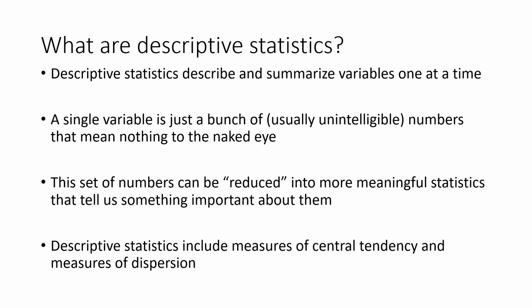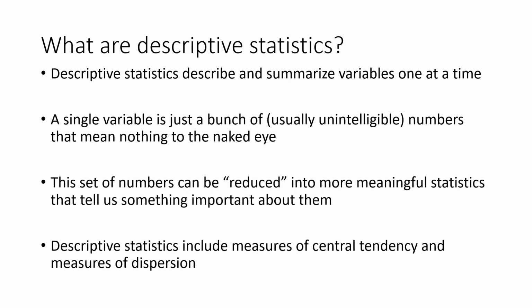If you look at the responses to a single variable, usually what you see is just a bunch of unintelligible numbers. And these numbers mean pretty much nothing to the naked eye, right? So you could ask a question on a questionnaire like, how old are you? And you could ask that question to 2,000 people.